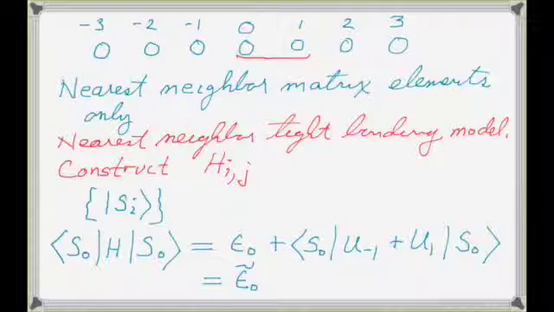And I don't really care about a rigid shift. It's all the off-diagonal stuff that's going to be interesting. So to generalize that, this would be <S_i|H|S_i>. Every diagonal matrix element is going to be the same, right? Because all the atoms are the same.